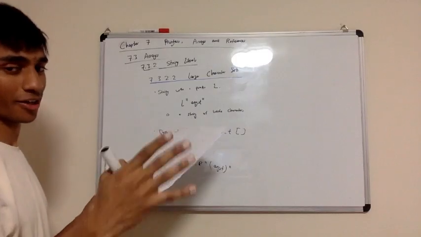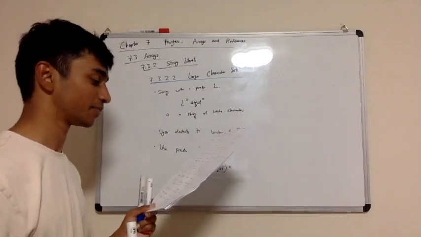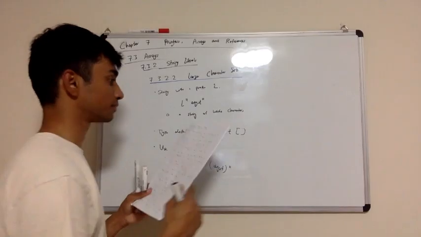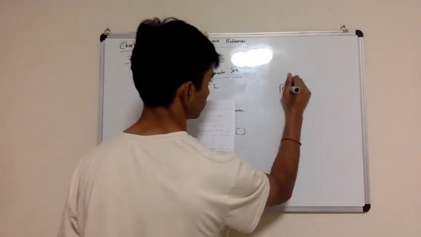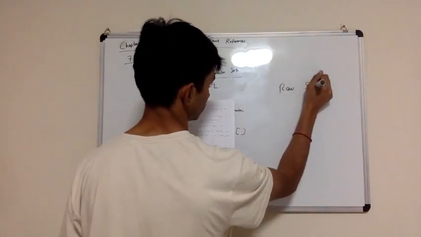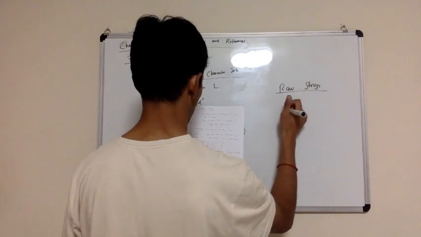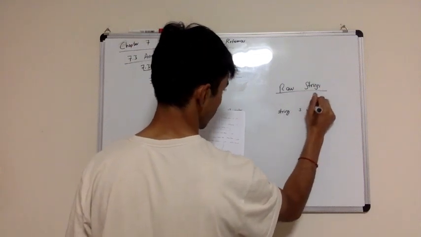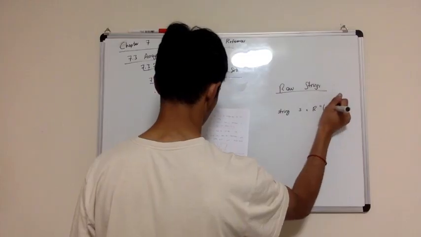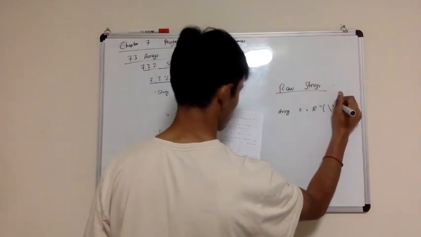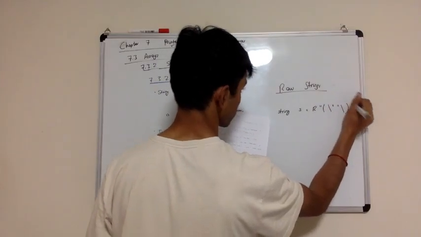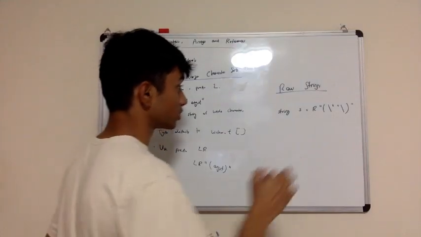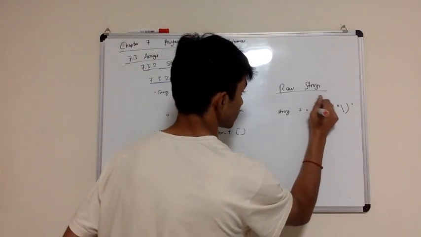Something I forgot to mention about the raw strings. When we did the example string s equals R quote bracket backslash this one, this, and then this, we have something that looks like this.